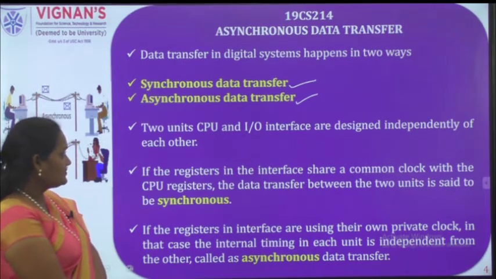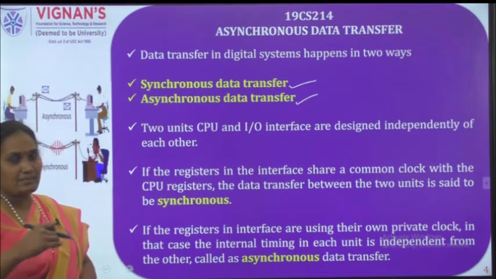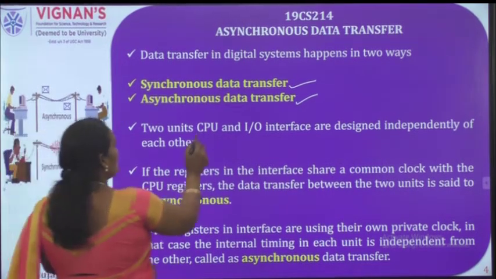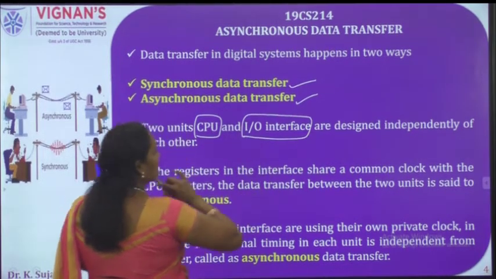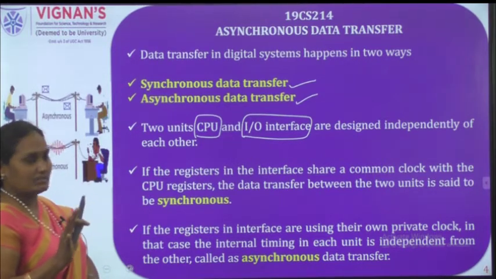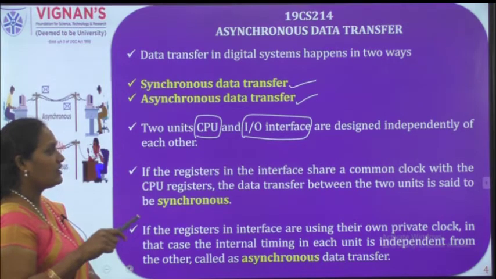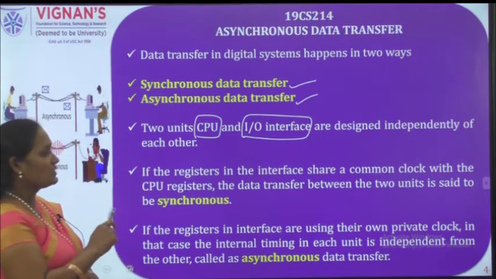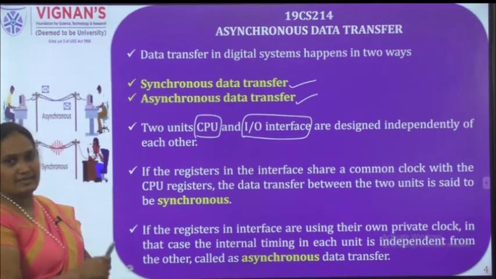Two units, CPU and I/O interface, are designed independently of each other. So, here we are considering basically two units. One unit is CPU and other unit is I/O interface, input-output interface. These are designed independently of each other. Now, if the registers in the interface share a common clock with the CPU registers, the data transfer between the two units is said to be synchronous.